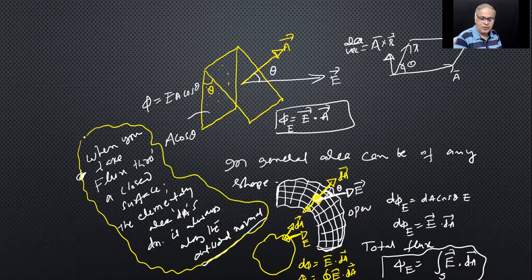And you should also remember, for any area, you can think of a projection, and if E is piercing through this projection normally, simply that E into the projection area is what we call flux, which in mathematical terms is put as integral E dot dA, or E dot A if E is all over the same. So can I continue?